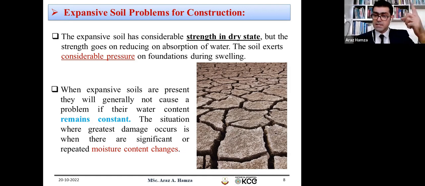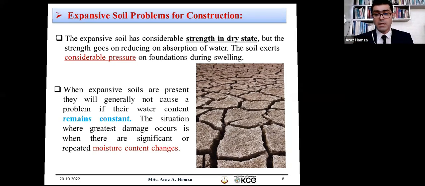Again, as we said, if it is dry, it has good strength. Also, if there is no change in water and it is stable, there may be no problem. But in case there is water variation, it can damage the construction. That's the main idea for engineers to think about: how this type of soil makes a problem for construction.